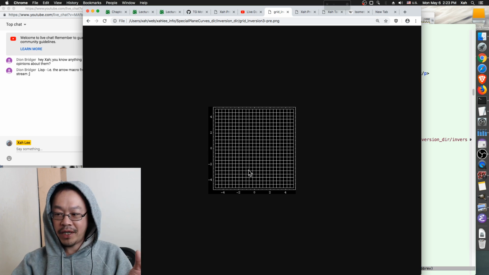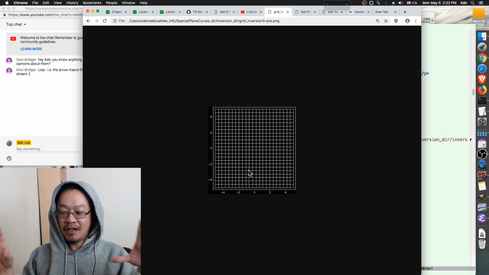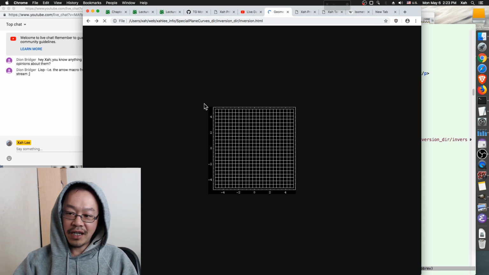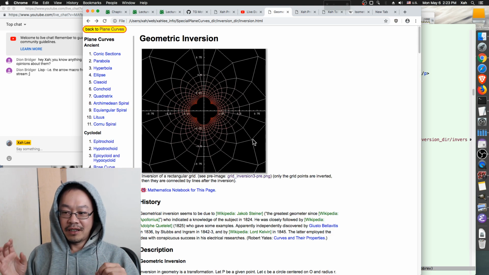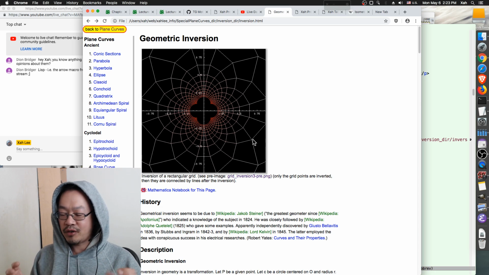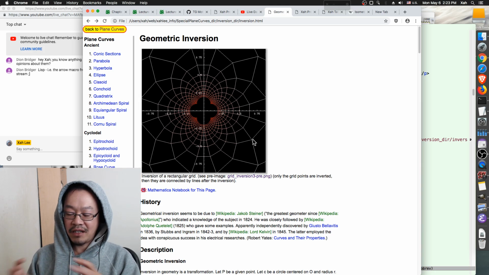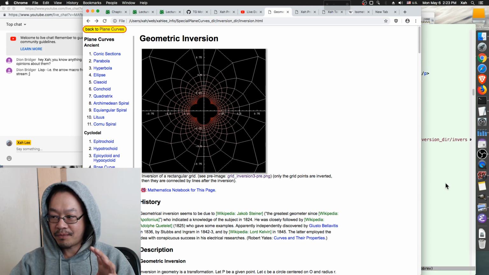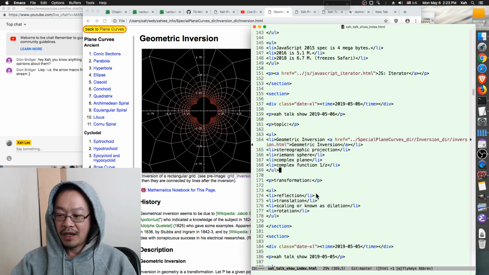After the transformation, meaning points are moved to some other place according to a function, you get this weird looking picture. That's a transformation, and this particular transformation is called geometric inversion. And I'm going to explain how it is done. What are the rules?